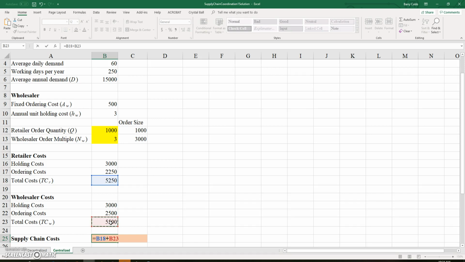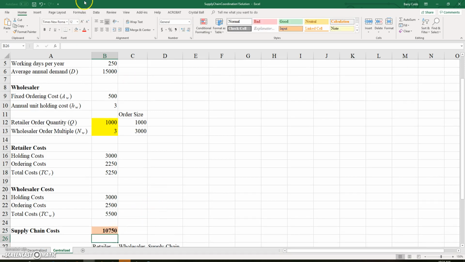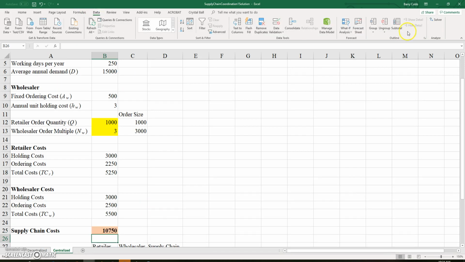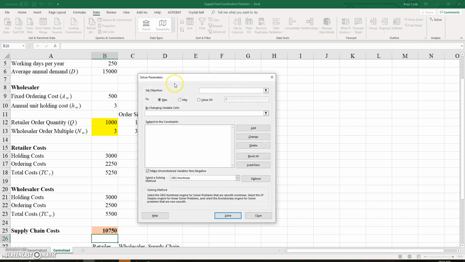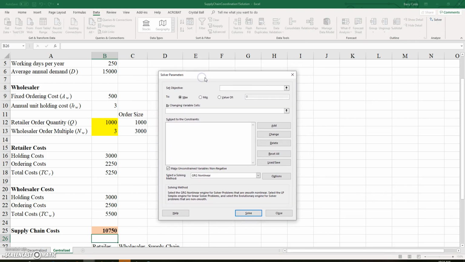This changes the objective in the problem. In Solver, the objective will now be the total supply chain costs, and that objective will be minimized.